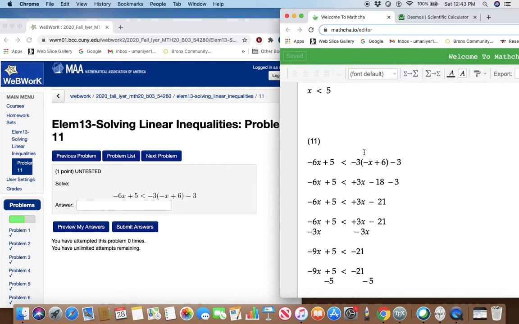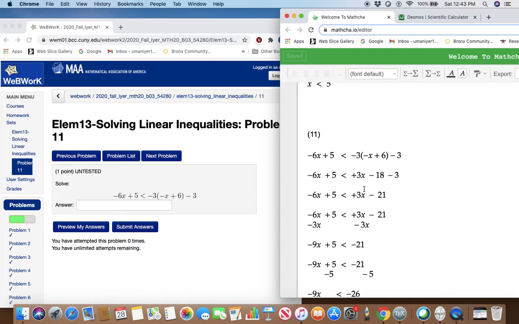Distribute the negative 3 multiplication, right? So that's positive 3x and that's negative 18 minus 3. So continuing, negative 6x plus 5 is less than positive 3x minus 18 minus 3. Negative 18, negative 3, negative 21.